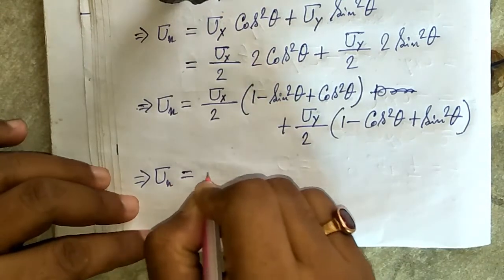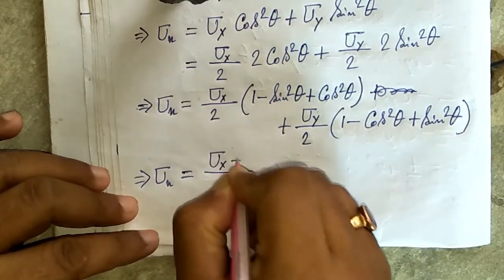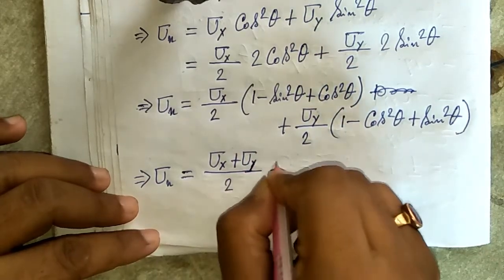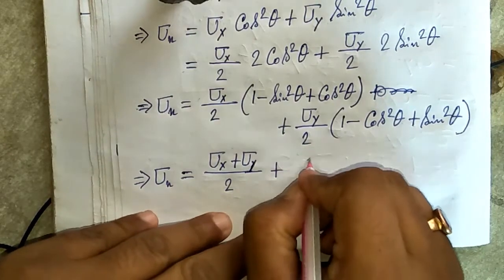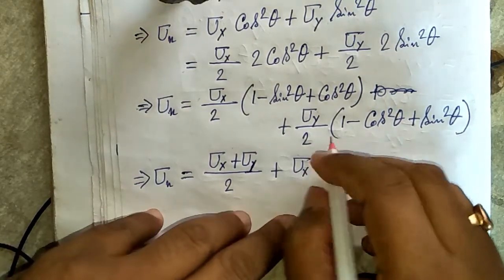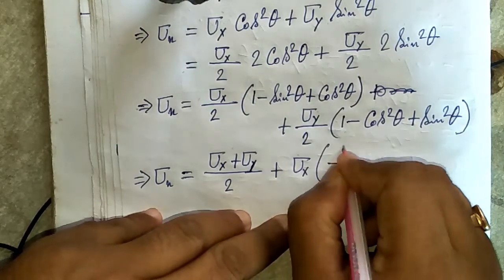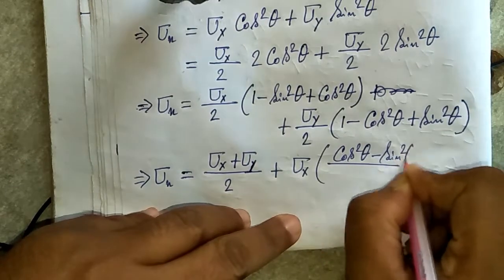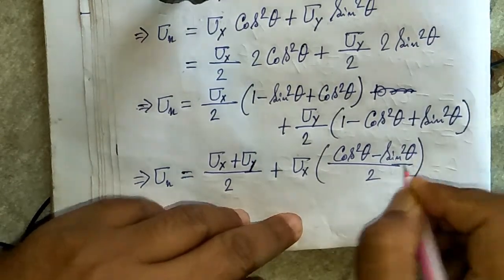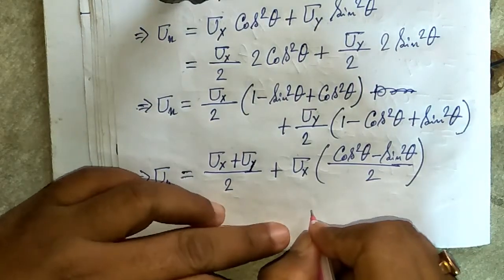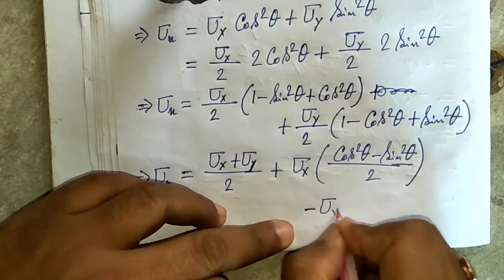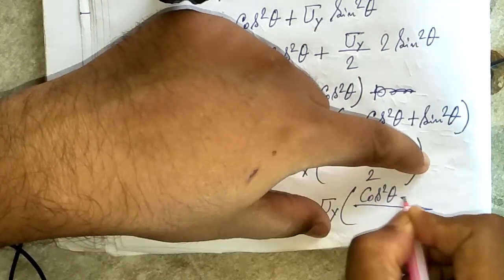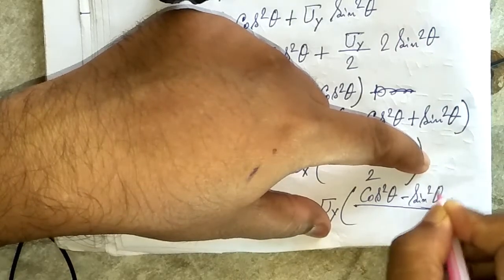Simplifying, that is sigma x plus sigma y by 2, plus sigma x into cos square theta minus sin square theta by 2, minus sigma y into cos square theta minus sin square theta by 2.